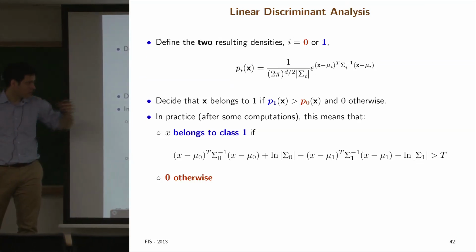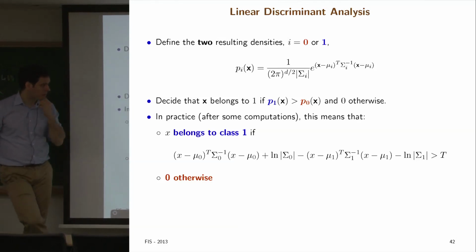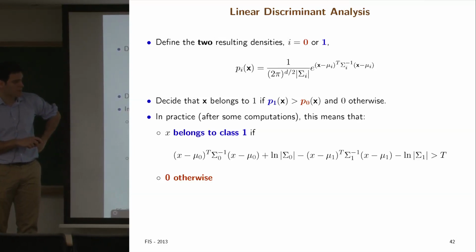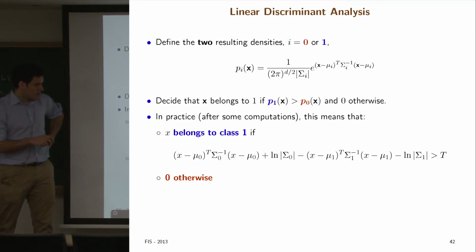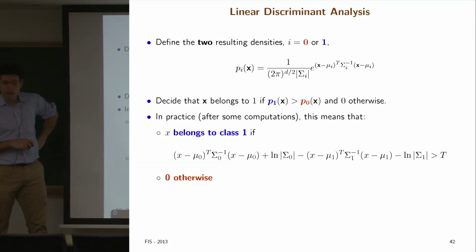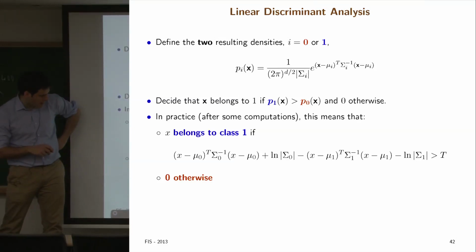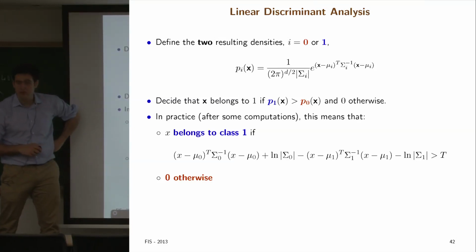If you go through some computations, for instance, you might take the logarithm. This is equivalent to saying that the logarithm of P1 is bigger than the logarithm of P0, etc. Then this is the formula that you get. You will say that X belongs to class 1 if you have this quantity here bigger than T. Those bars here stand for the determinant of the covariance matrix.